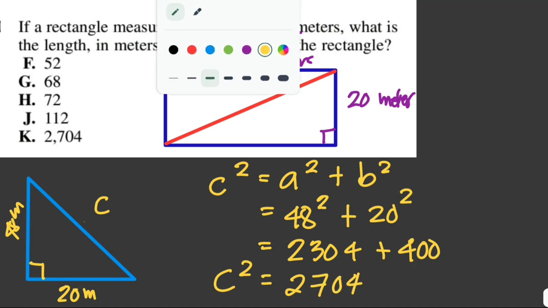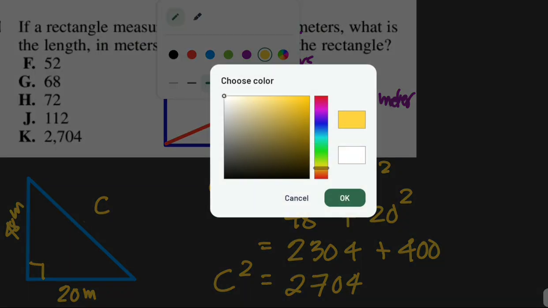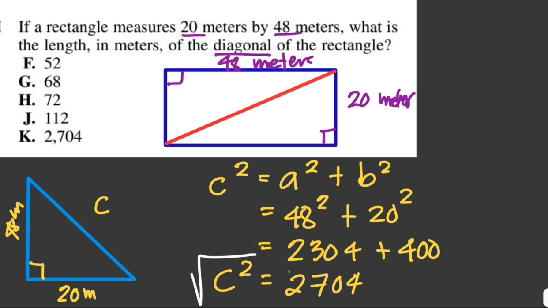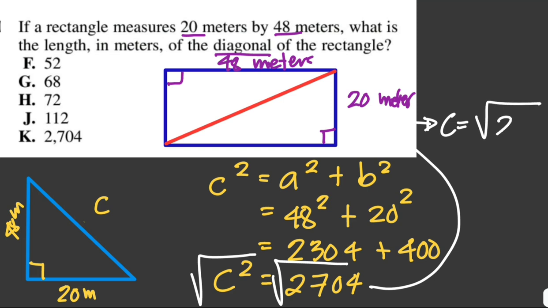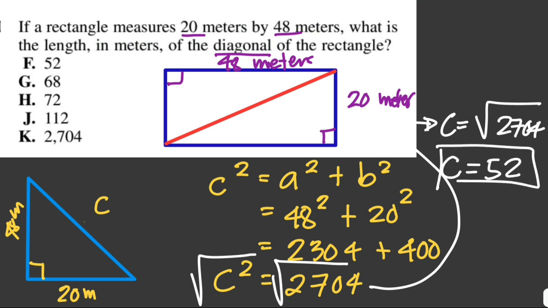And then we get the square root of both sides to get the value of c. c is just equal to the square root of 2,704, and the square root of 2,704 is equal to 52. Therefore, the length of this rectangle's diagonal is equal to 52. So the answer here is letter F.